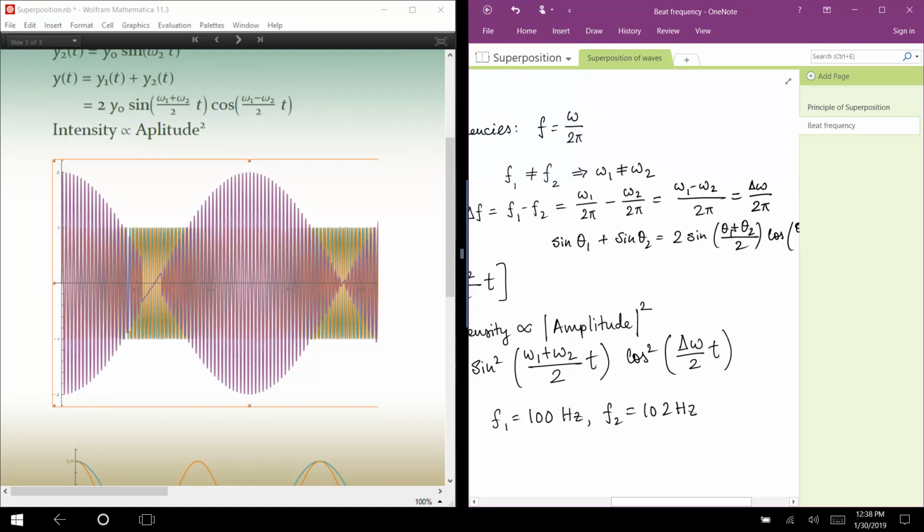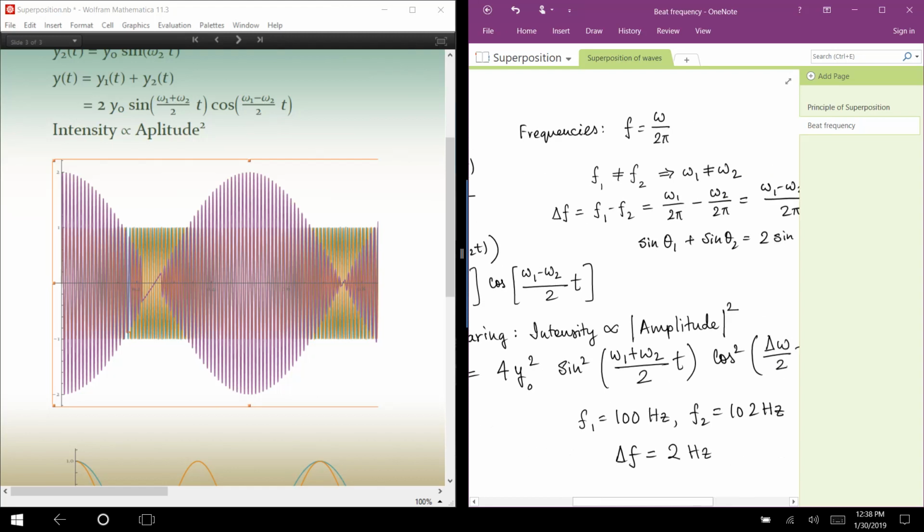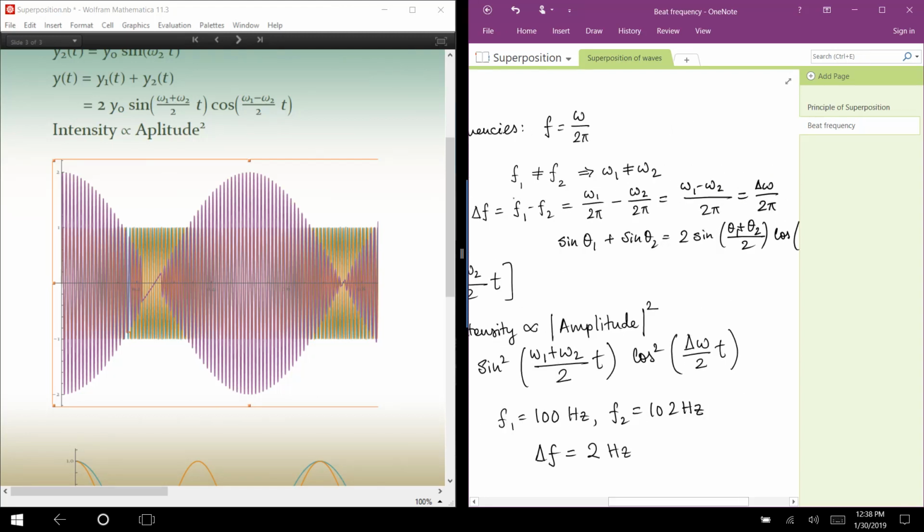So delta f is equal to the absolute value of f1 minus f2, so that's 2 hertz. We're going to call this definition delta f, the absolute value. You are usually able to hear a difference in frequencies, but not always whether the difference is negative or positive. So delta f equals 2 hertz is the difference in the two frequencies.